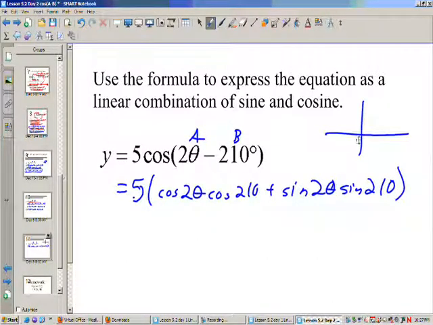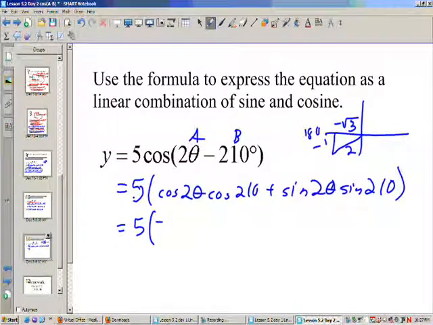Now, 210 is a nice one. It's over here. It's 30 past 180. So that's going to be 1, 2, root 3, with these two being negative. So the cosine of 210 is going to be negative root 3 over 2.